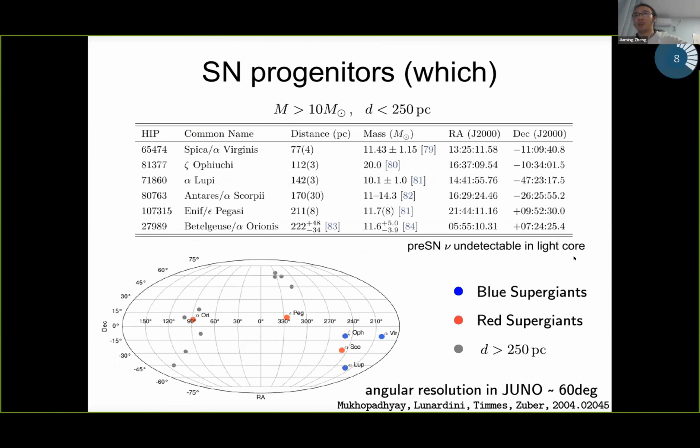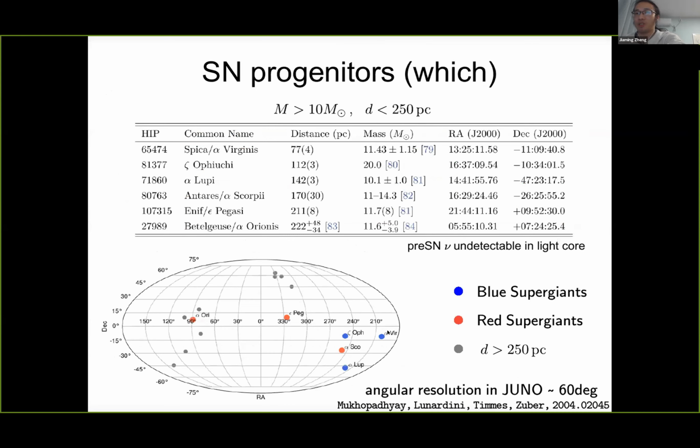Here I show a list of nearby supernova progenitors with mass larger than 10 solar masses and within a distance of 250 parsecs. This criterion is basically chosen so that the pre-supernova neutrinos can be detected. There are only 6 of them, and of course they are very bright stars in the night sky. 3 of them are blue supergiants, and 3 of them are red supergiants.